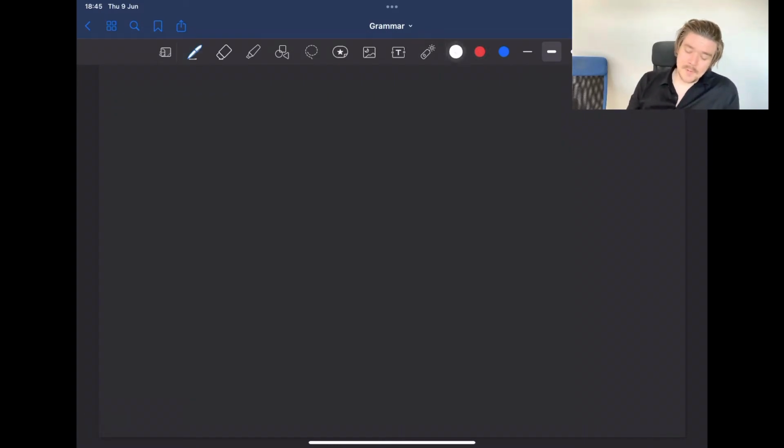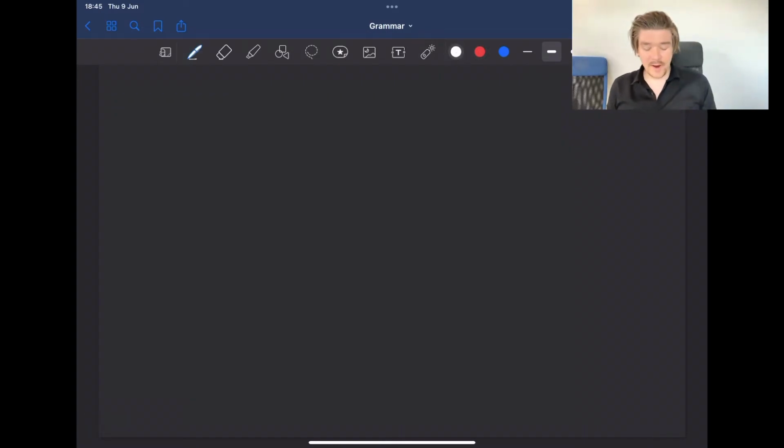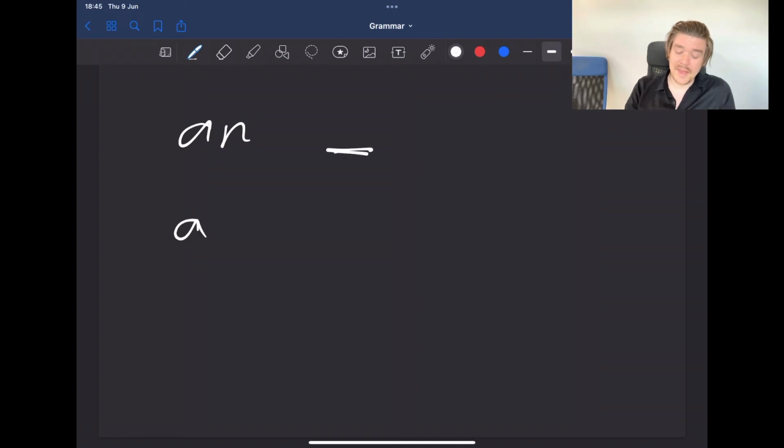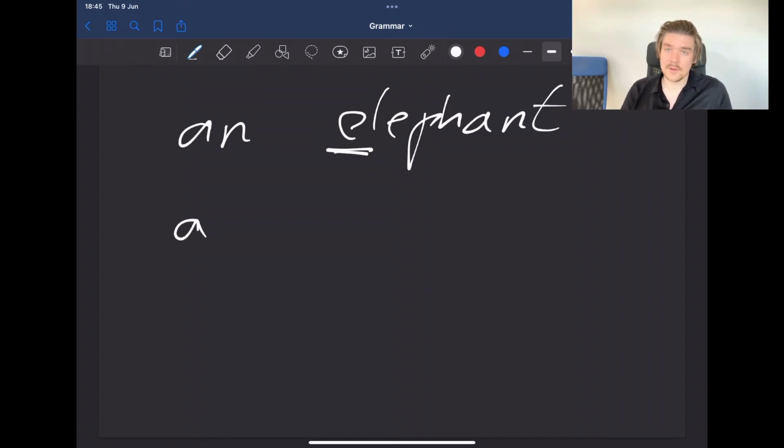So the final sort of half article is an, and this is just a different version of a, and we only use it when the beginning sound of the next word is a vowel sound. For example, elephant.